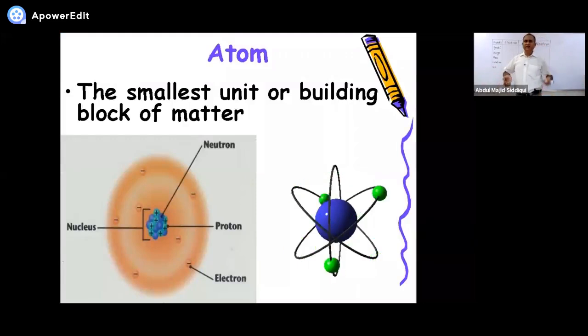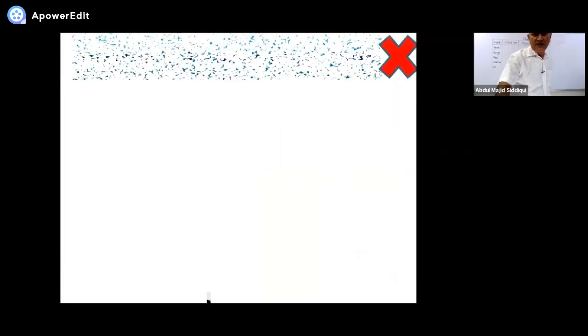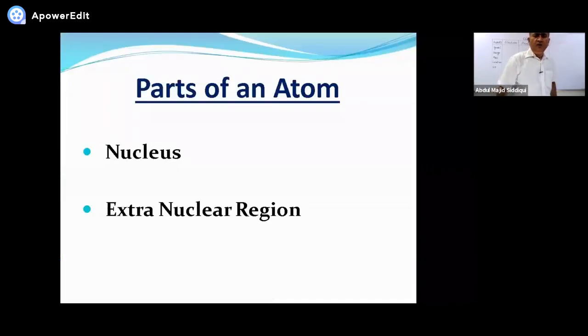Now, what is the latest definition of atom? The smallest unit of building block of matter. Right? So, as we have seen and know also, an atom can be divided into two parts.